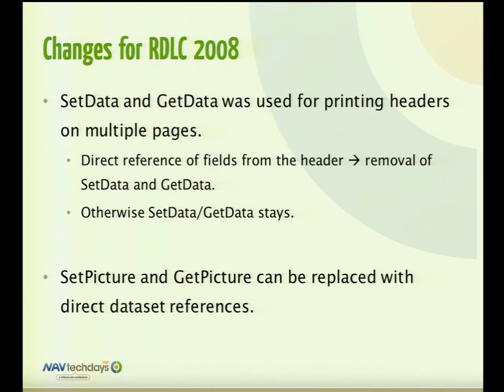But if we were still using hidden fields, especially in document reports, we couldn't get rid of set data and get data. In future, if we change the design, we should be able to get rid of that. But obviously, you can get rid of set picture, get picture, because most probably your company logo, which you want to print on top of the document, is static. So you can directly reference that from the header and just pick it up from the dataset.